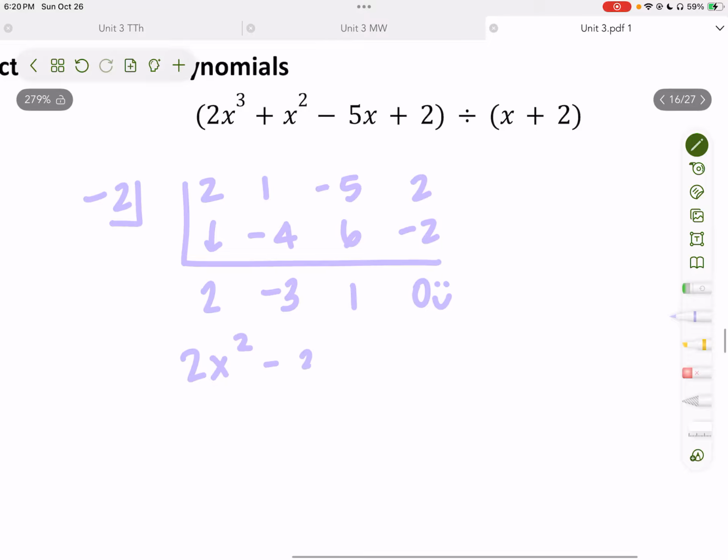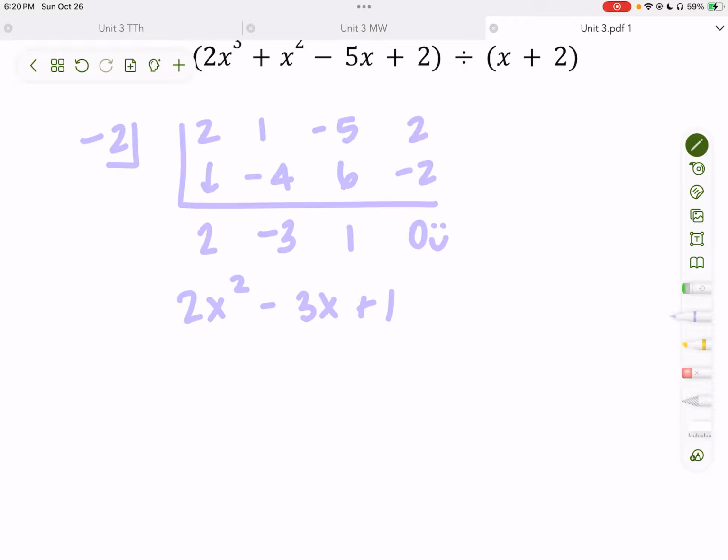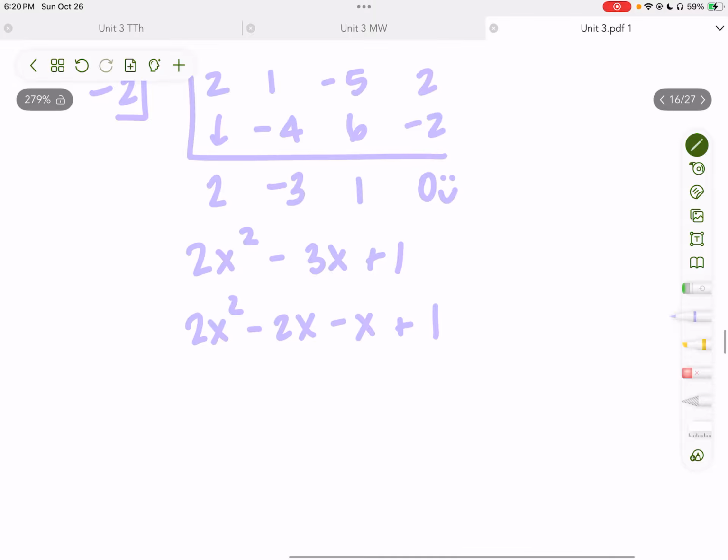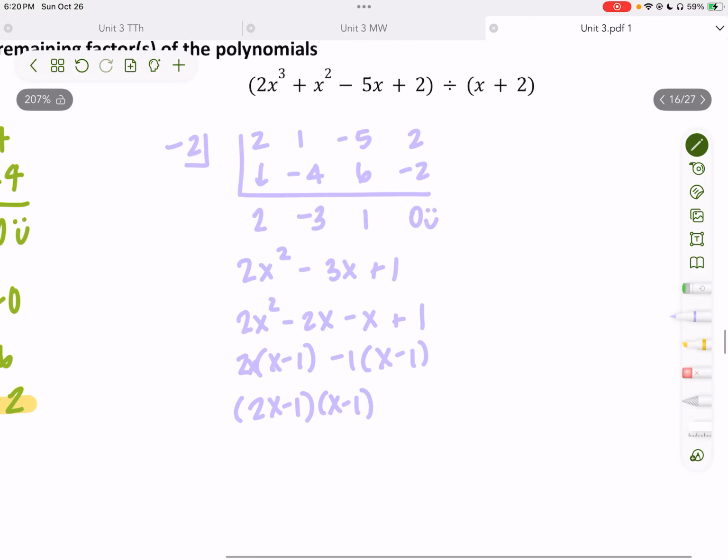We have 2x squared minus 3x plus 1. That means we are going to split the middle term, using -2x and -1x. So we'll take out a 2x, take out a 1, and get 2x minus 1 times x minus 1.